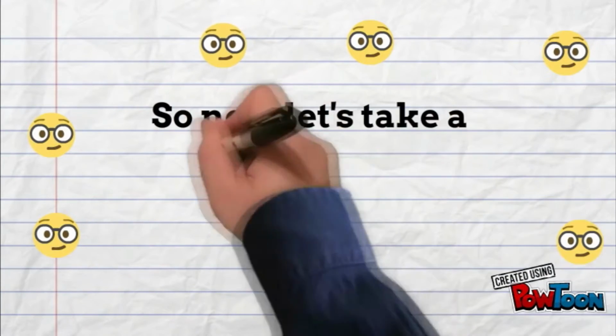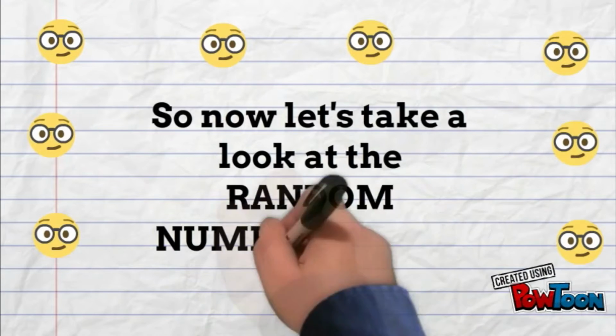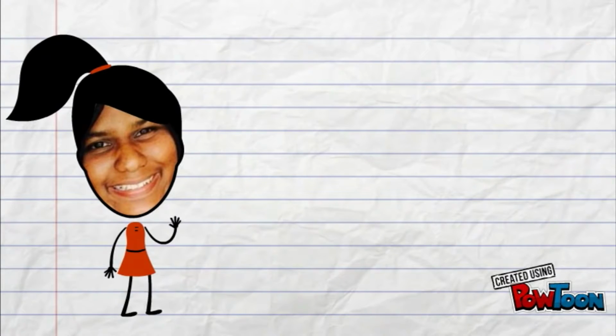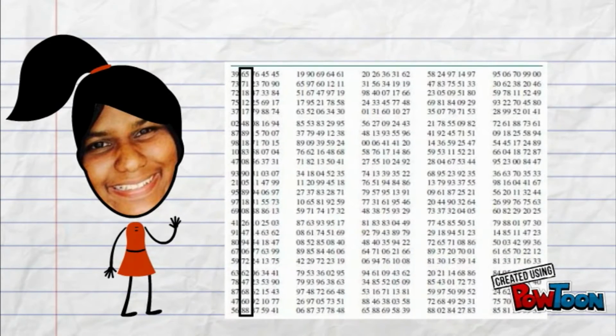Let's take a look at the random number tables. As the question mentions to choose a different stream of random numbers from question 1, let's use the second column for question 2.